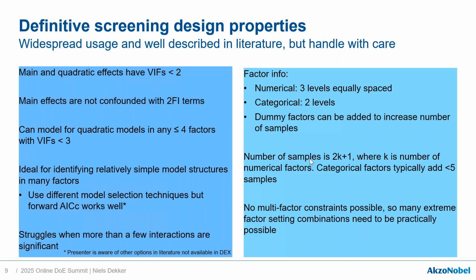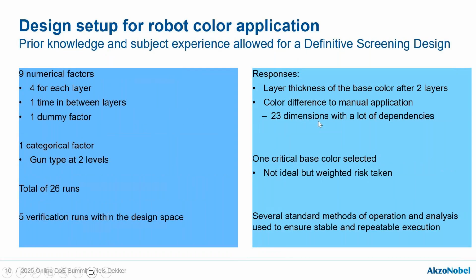In our case, in the paint example, I can't have samples that do not stick to a panel or that are too thick to come out of a spray gun, for example. So that is something that you do need to keep an eye out for, to make sure that indeed the design that you have chosen will be executable. These are just some high level properties. It's of course not all the details, but just some ideas on what the DSD is looking to do.